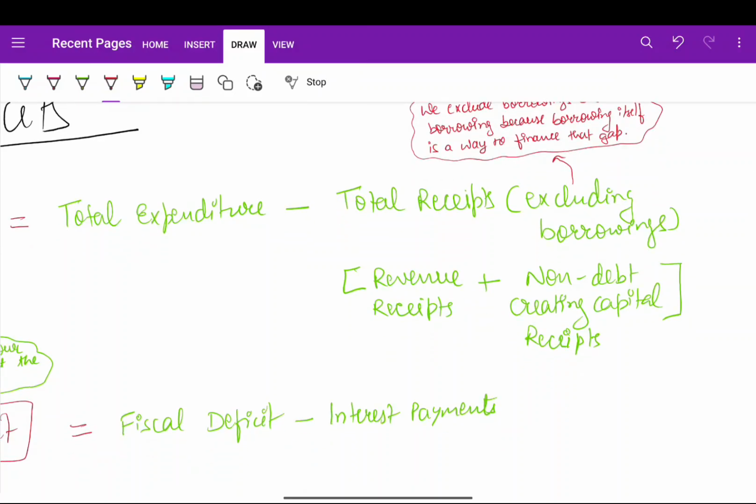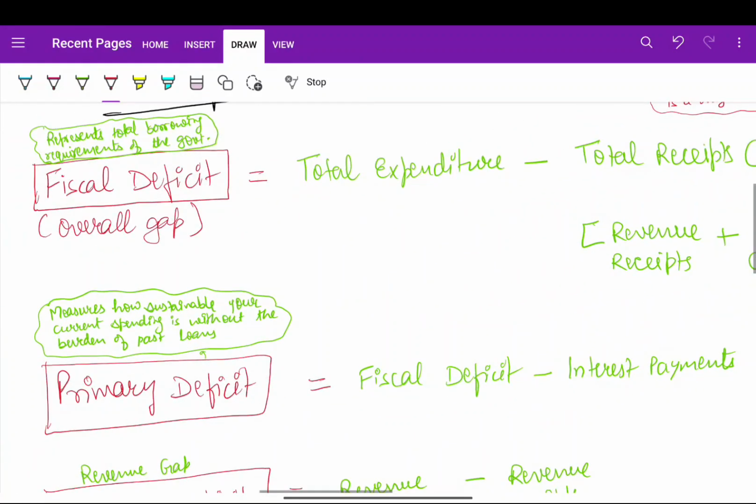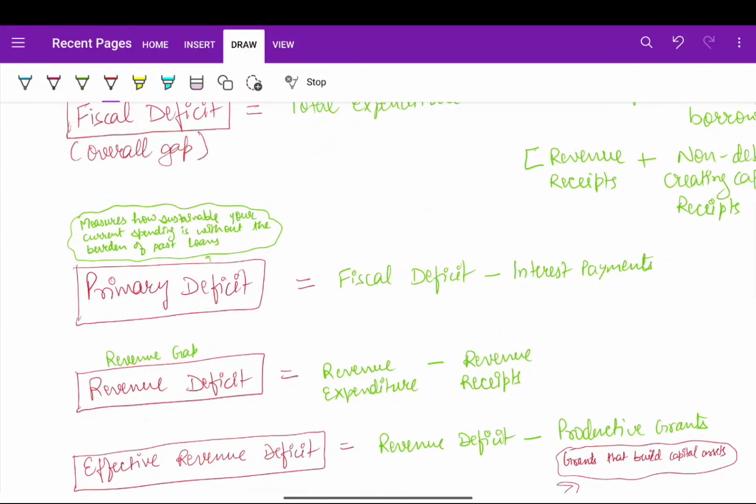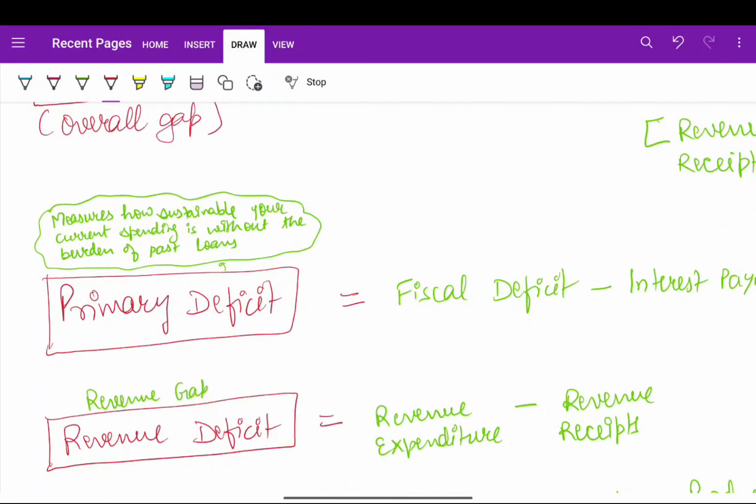And so, in other words, we can say that total receipts is revenue receipts plus non-debt creating capital receipts. All right. Now, next is primary deficit. What this primary deficit measures is how sustainable the current spending is without the burden of past loans.